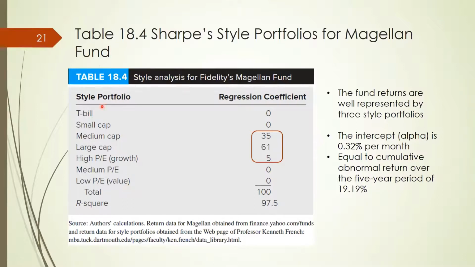So in essence, it's the treasury bill with the size factor and the value factors in different categories.